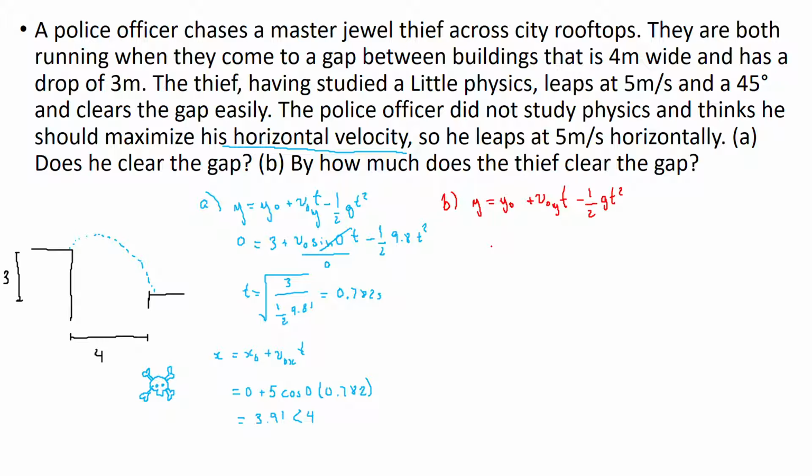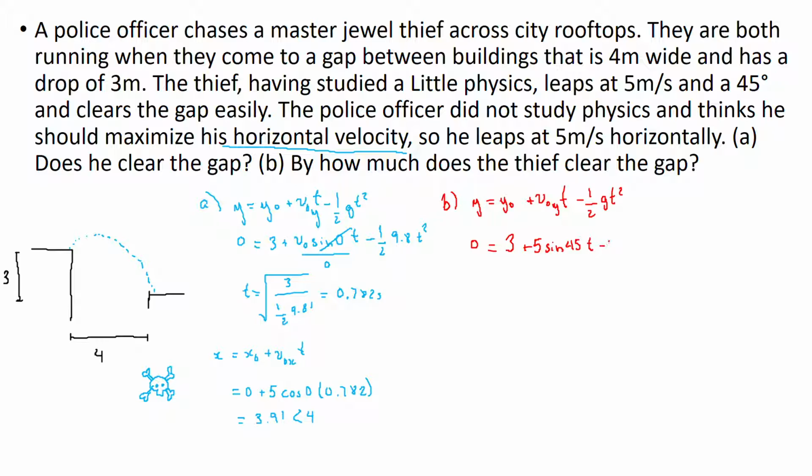Okay, so the initial position is going to be 3. The final position is going to be 0. This is 5 sine of 45. We don't know what t is.